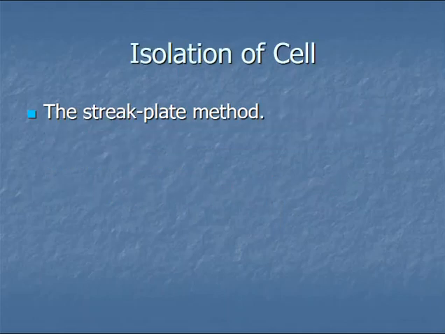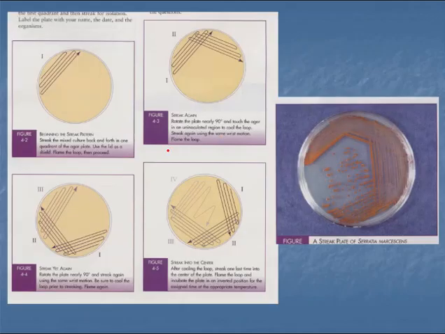One of the ways that we get down to isolating just the one bacterium and getting little individual colonies is using the streak plate method. This is simply performed, and here's a diagram, and here's a plate that's already been done and incubated.